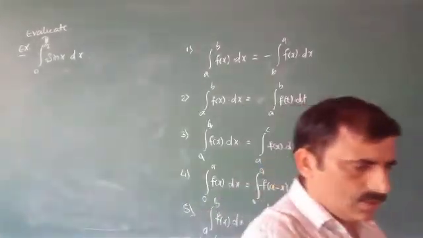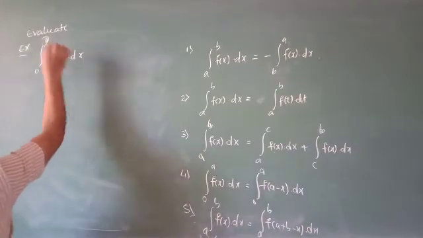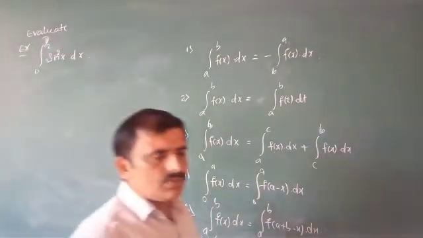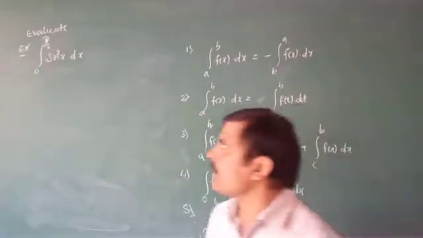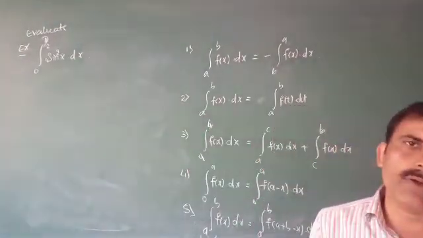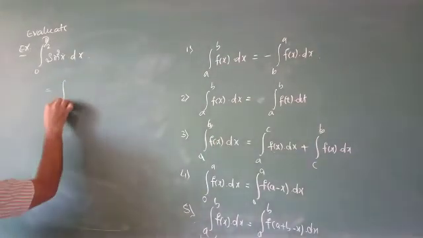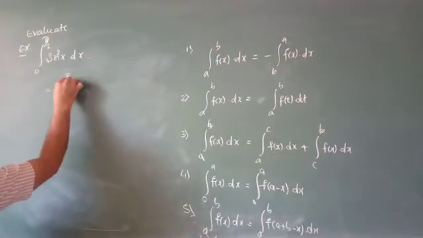The next one is integral of sin square x with respect to x. That is, integral from 0 to pi by 2 of sin square x with respect to x. The lower limit must be 0 to pi by 2.